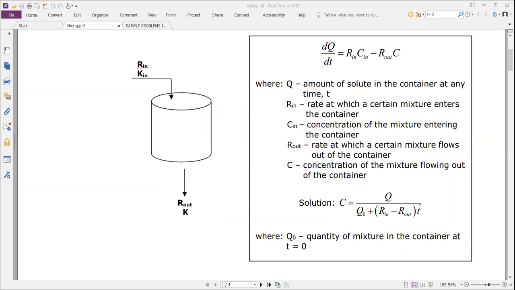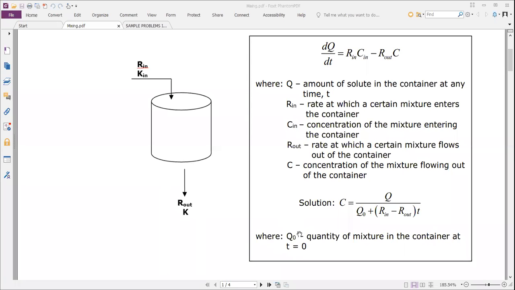The total volume of the solution inside the tank at any particular time is the initial volume. So you can see here the quantity of the mixture in the container at t equal to 0. This quantity Q sub 0 is a volume quantity, not a mass quantity.